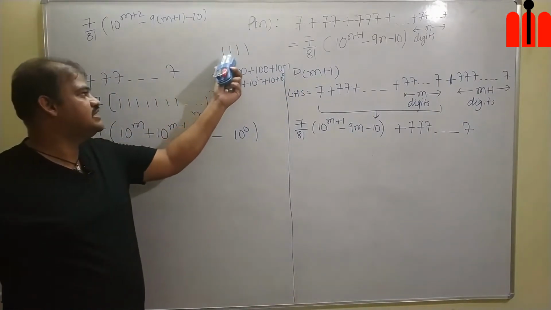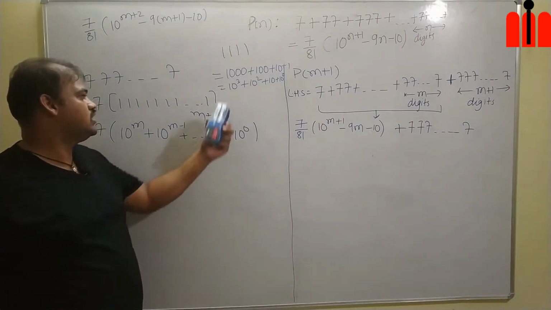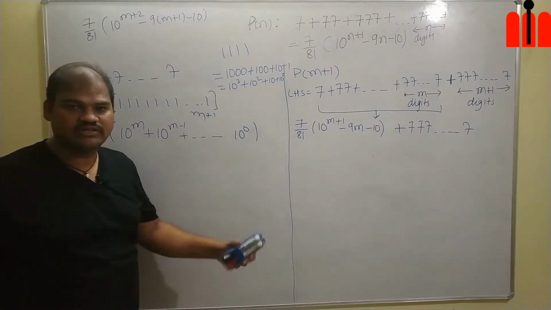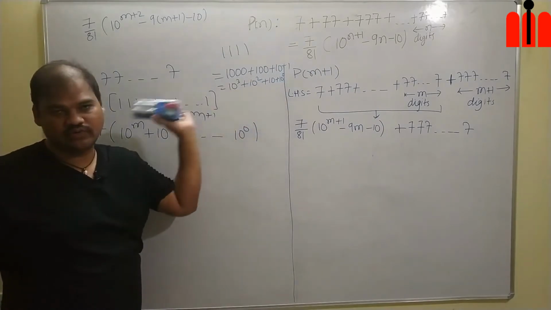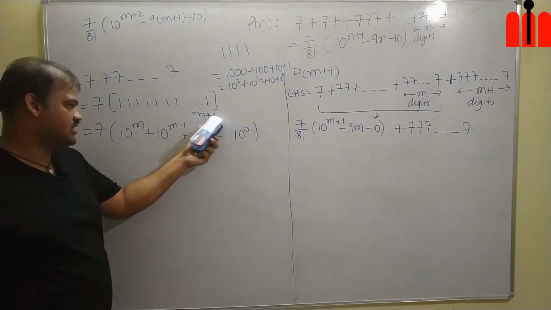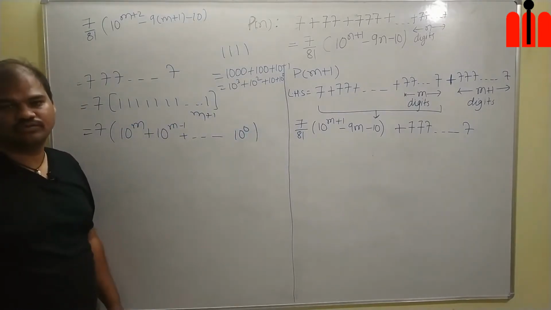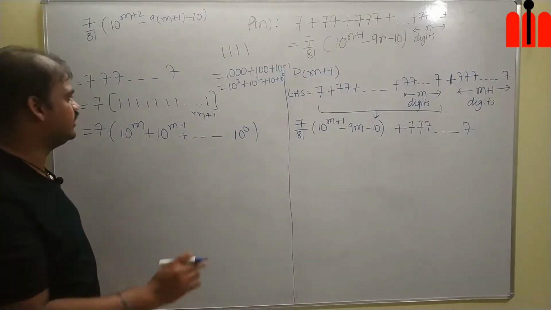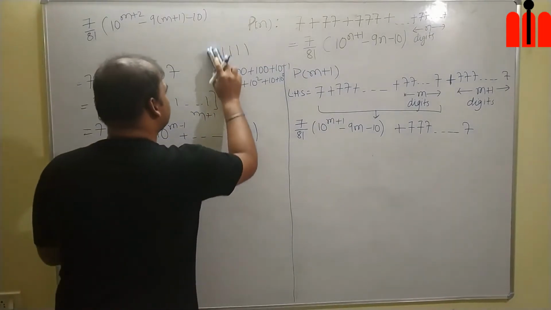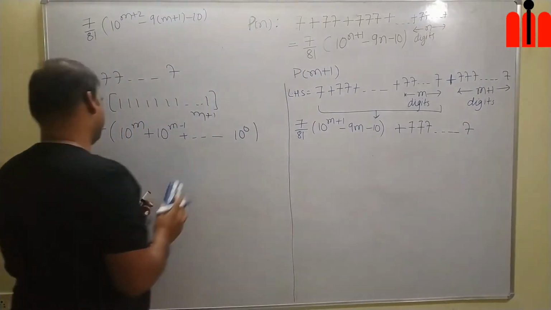So how many digits of 1 are there? 4 digits. For 4 digits of 1, we have powers of 10 from 3 down to 0. Like that, for m plus 1 digits of 1, we will have powers from m down to 0. Clear? Okay, let me rub this out. This is just for your understanding.